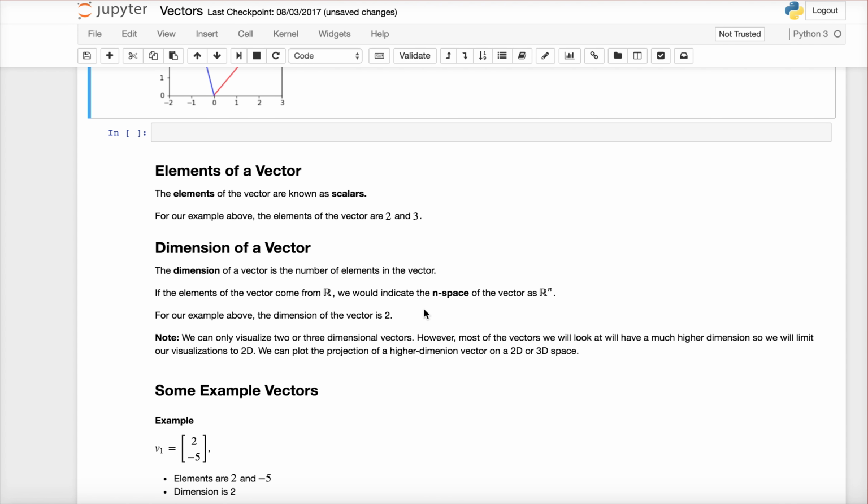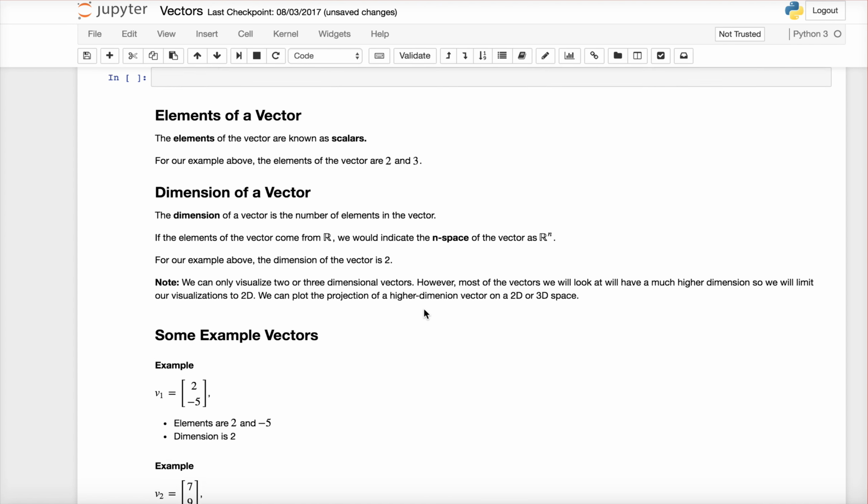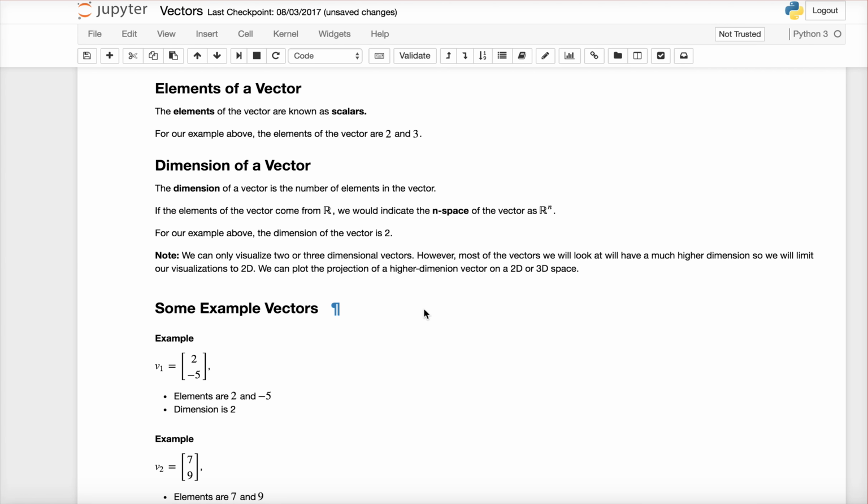And as I said, our vectors are of dimension 2. Now, we can have vectors of arbitrary size, but we really can't visualize anything in more than 2 or 3 dimensions. But one thing we can do is project these vectors in higher dimensions into 2D or 3D space. But visualization is really another topic that we won't spend too much time on.